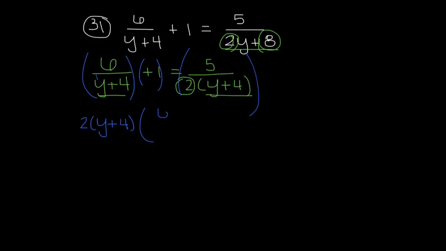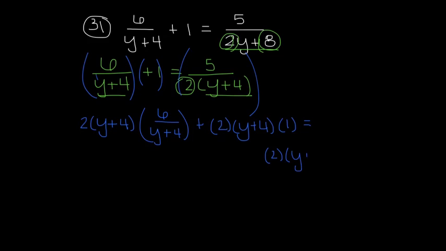So I'll do that to this, plus 2 times y plus 4 times the 1, equals 2 times y plus 4 times 5 over 2 times y plus 4.